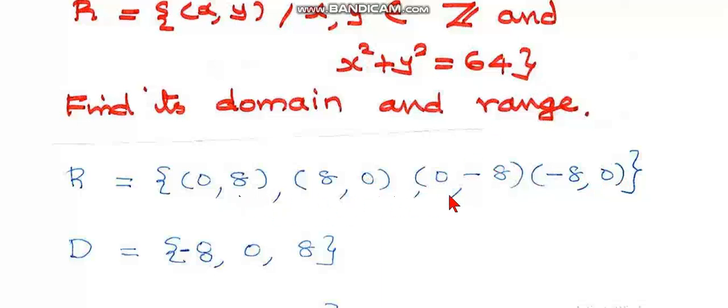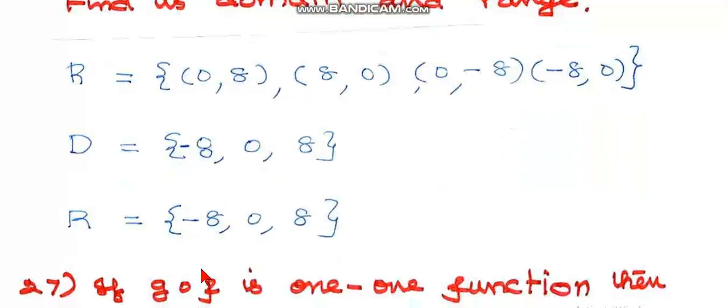So these are the ordered pairs of the relation. What is the domain? Domain is minus 8, 0, 8. Then the range is 8, 0, minus 8, 0, that is minus 8, 0, 8.